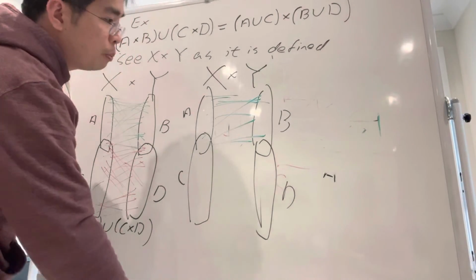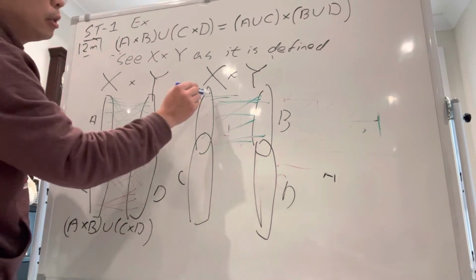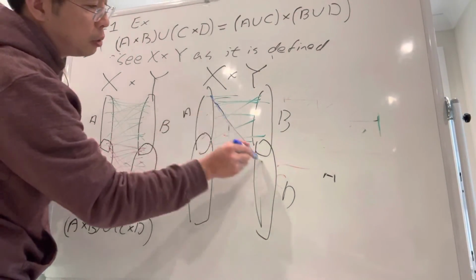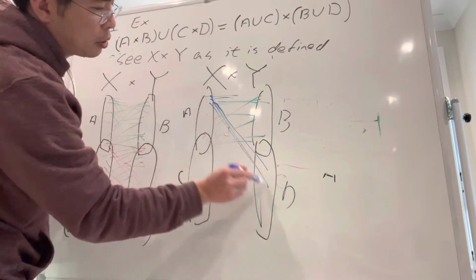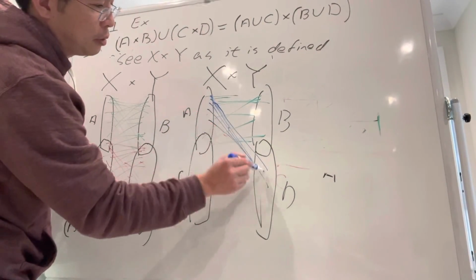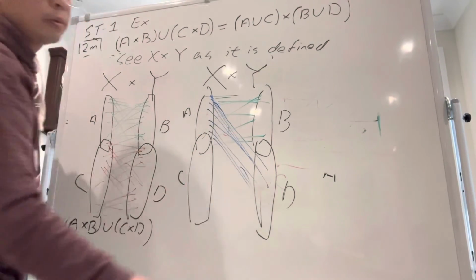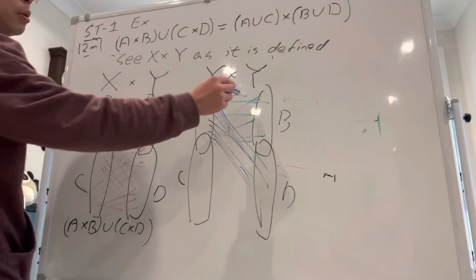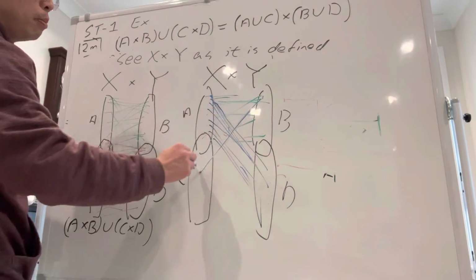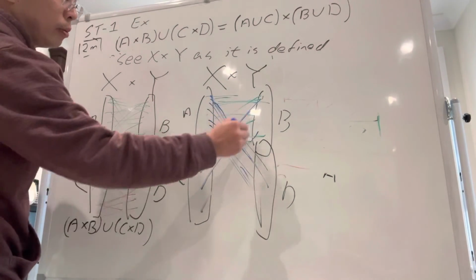But now, because you union B and D, you also have to cross the stuff between A and D. And then you will also have to cross the pairing between B and C here.